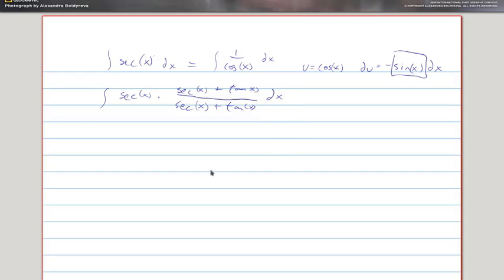All right, how does that help? Well, let me multiply secant of x to the top. So let me distribute. And we get secant squared of x plus secant of x tangent of x all over secant of x plus tangent of x dx.